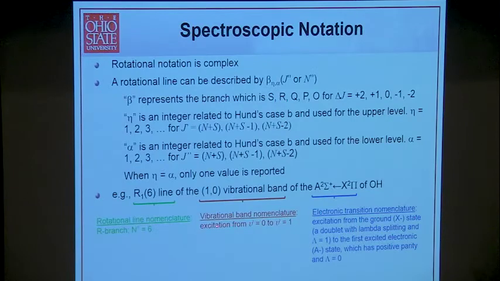You're exciting from vibrational level 0 in the lower state to V equals 1 in the upper state. And because we have an electronic transition, we're going from the ground X state, which is a doublet with lambda splitting, and sigma equals 1, and lambda is equal to 1. And then we're going to the A state, which has positive parity, and lambda is equal to 0.